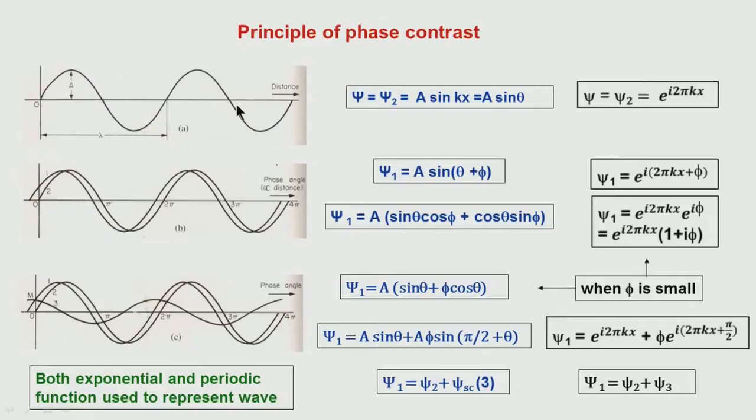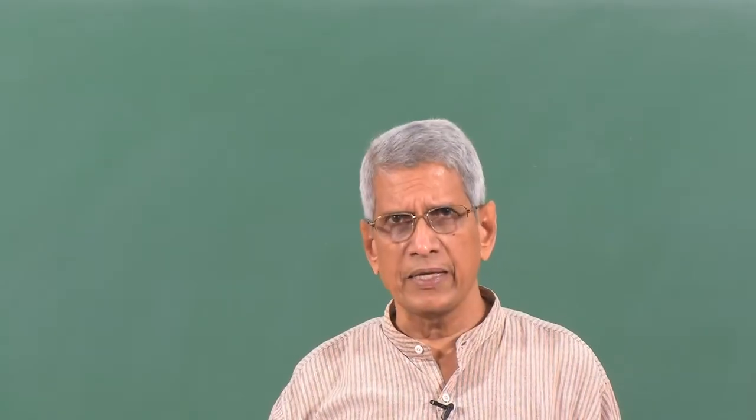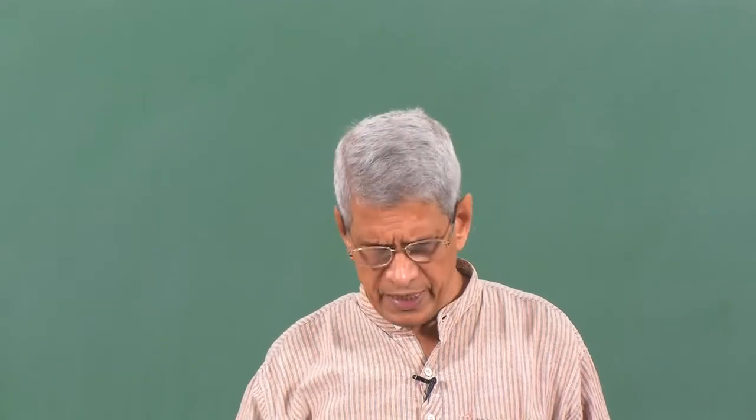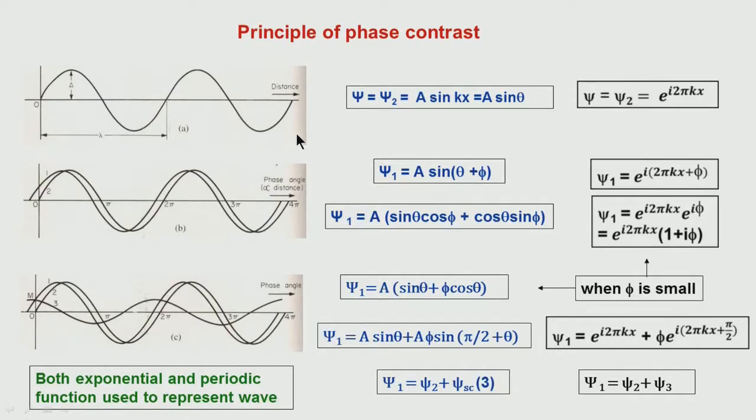When an interaction takes place and there is a change, we assume that if absorption is not taking place, the only change is that the phase of the wave can change.